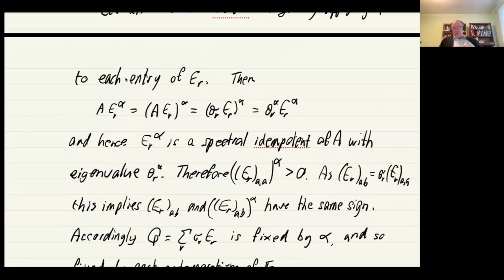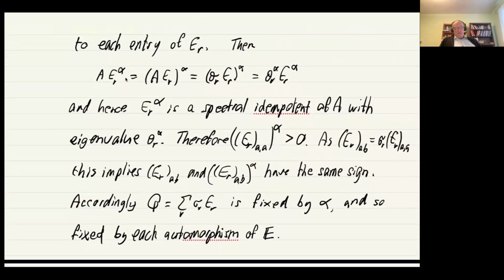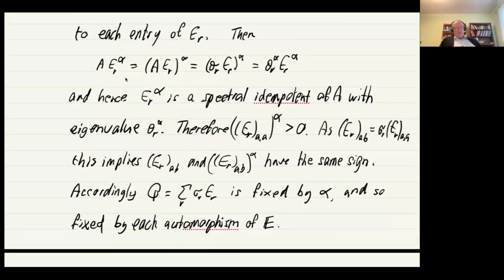So I'm still in the same proof, so that's all right. Now, the point is that the ab entry of E_r is plus or minus the aa entry of E_r. And so the conclusion then is that the ab entries of these two matrices have the same sign. And so the conclusion I get from that is that this sum, these are the signs, is fixed by alpha.